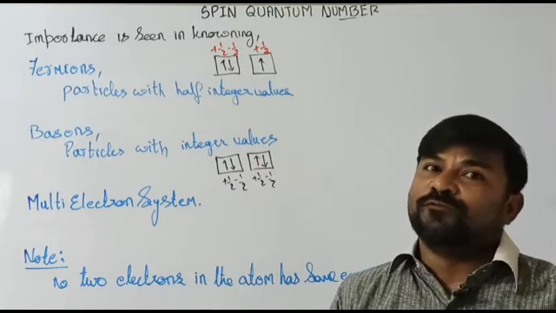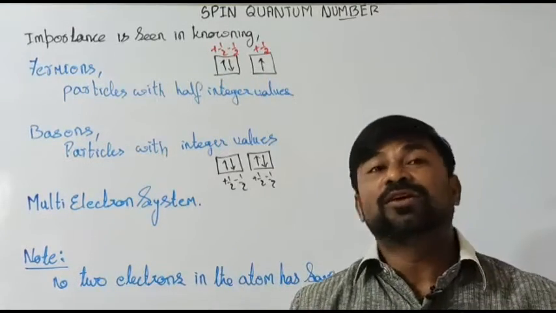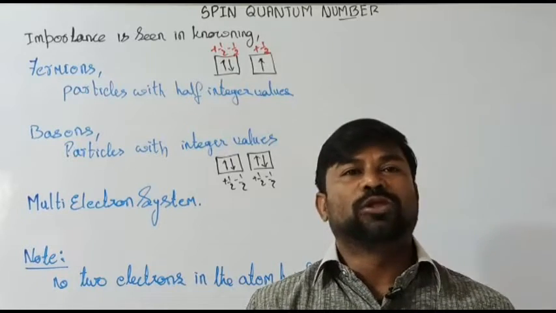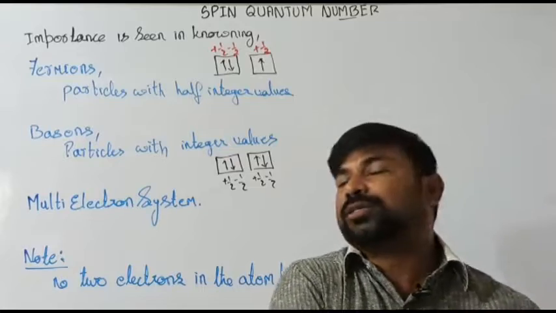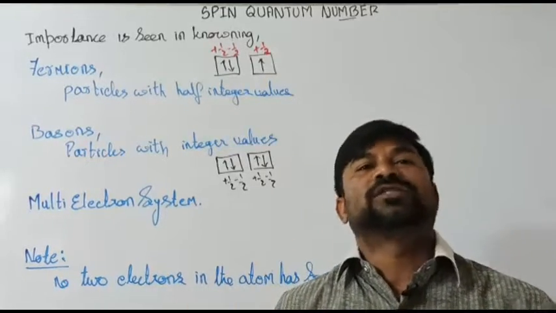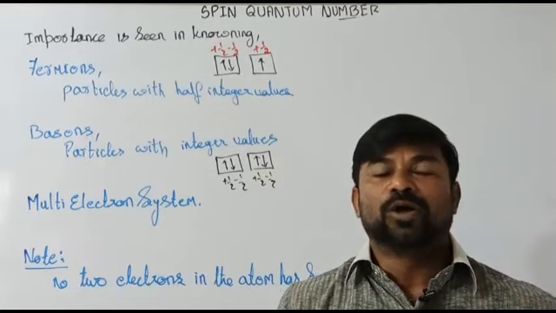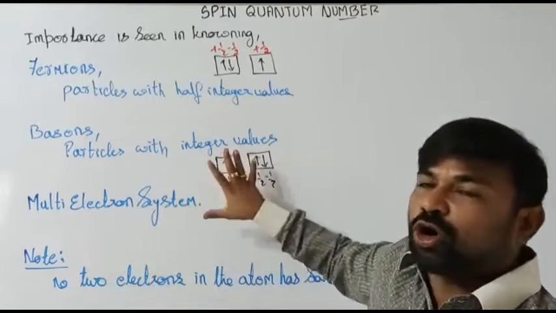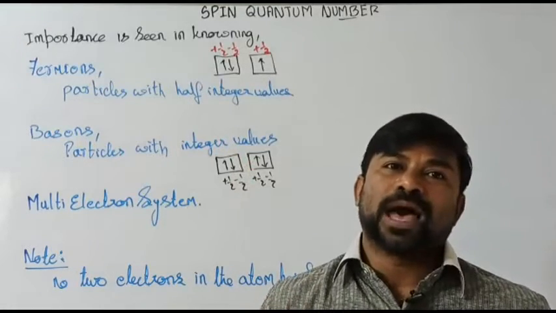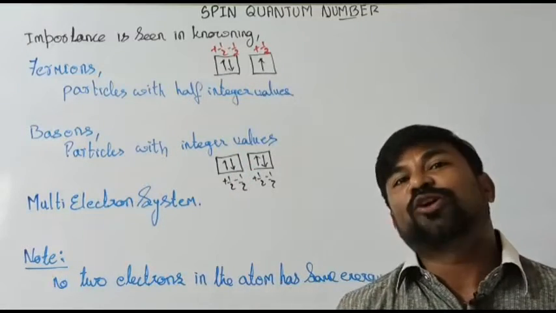So this rule will be very useful for us in filling the electronic configuration. With the help of all four quantum numbers, spin, magnetic, angular momentum and principal quantum number, we can arrange the electrons in different orbitals in a systematic manner, which is called electronic configuration.